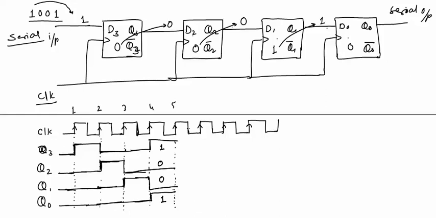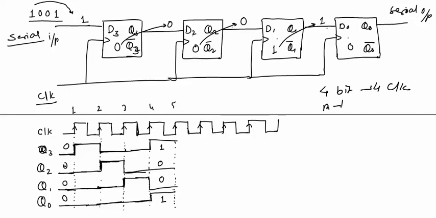Now this data is stored in the flip-flops. Remember one thing, that initially all the flip-flops had 0 in them. Now after first, second, third, fourth clock pulse, all the bits are inputted to the register. So for loading 4 bits, we required 4 clock pulses.